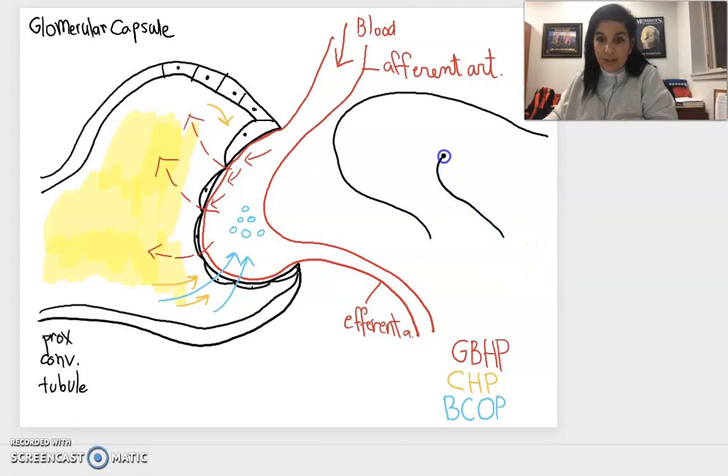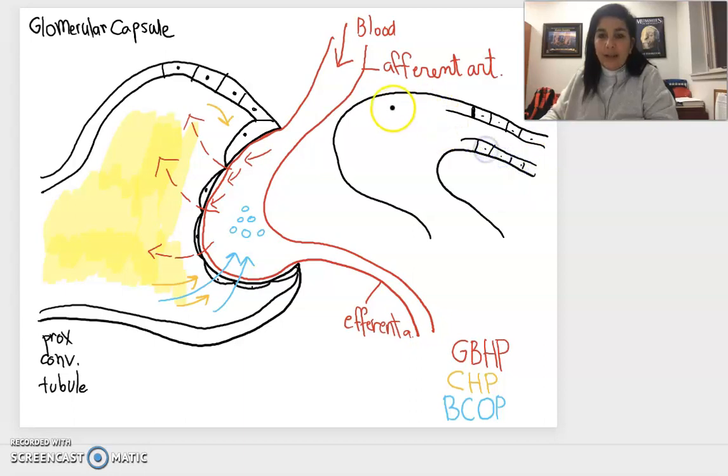So this is a tubule, and this is made of cuboidal cells lining the tubule. All right, so imagine this is really just a tube.